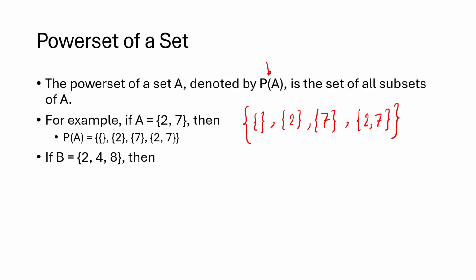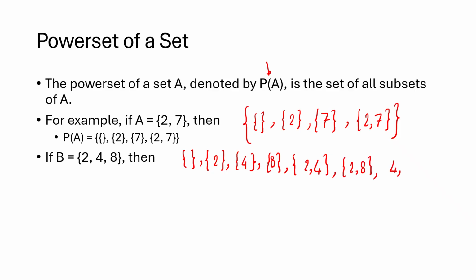Now, here's another example. Now, B has 3 elements. So if I want to list all its subsets, again, I start with the empty set, which is a subset of anything. Then subsets with only one element, so we can have either 2, 4, or 8. Subsets with 2 elements, so we can have either 2 and 4, 2 and 8, or 4 and 8.